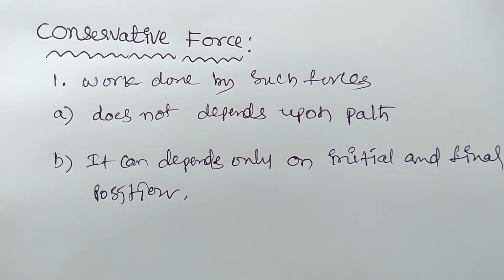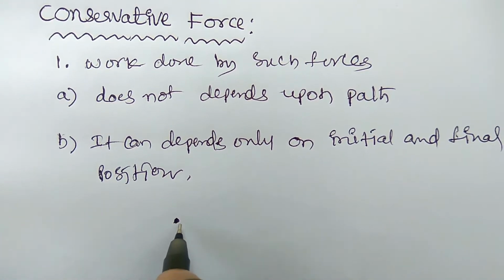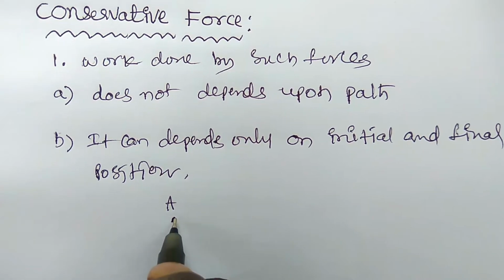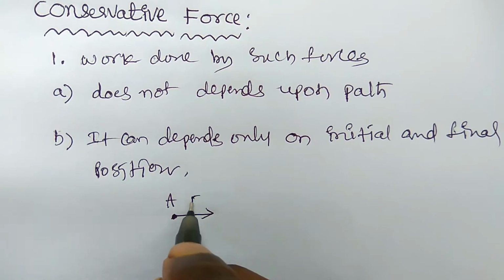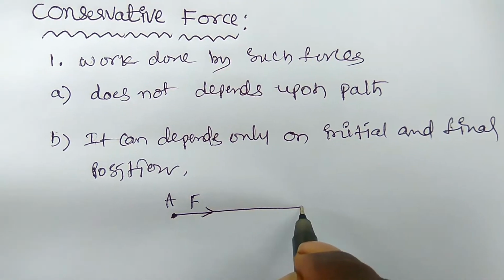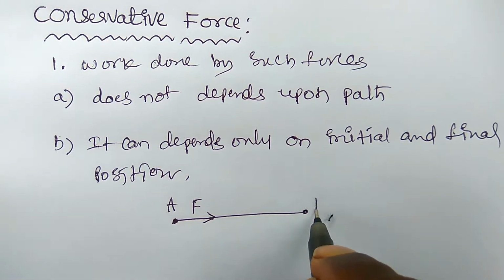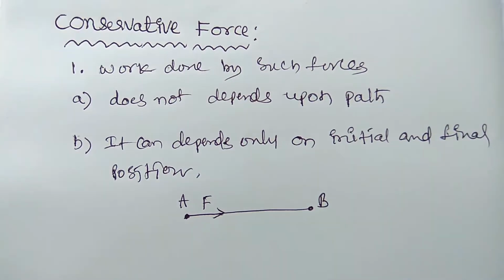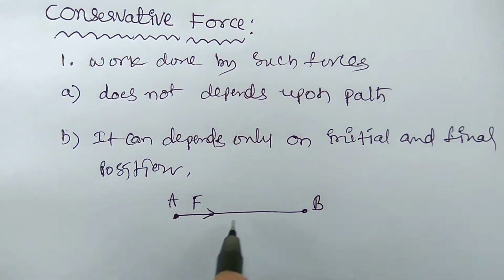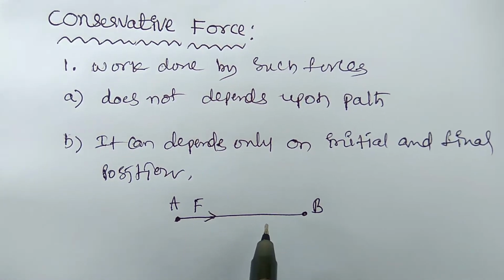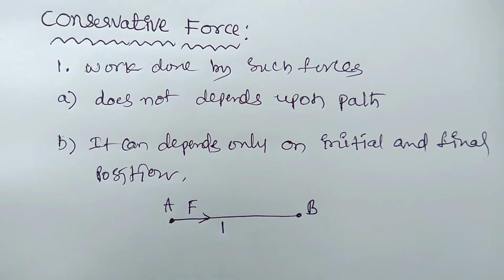For example, here there is a point A. This is an object. By applying force F, it moves in a straight line and reaches point B. This is the direction of the straight line motion. Let it be path 1.